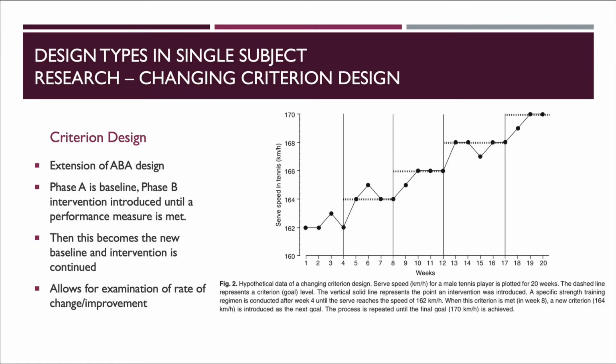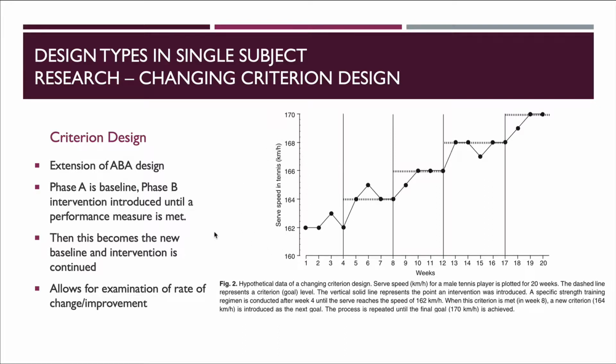Another design that can be used in single subject research is what's called the changing criterion design. It isn't as much focused on whether the intervention improves performance, but looks more at the rate of improvement, how quickly we can bring about a change in some performance measure. The chart you see here involves, again, serving speed.